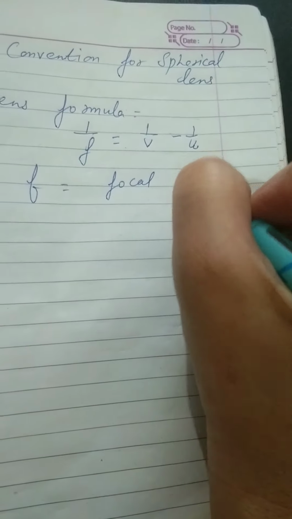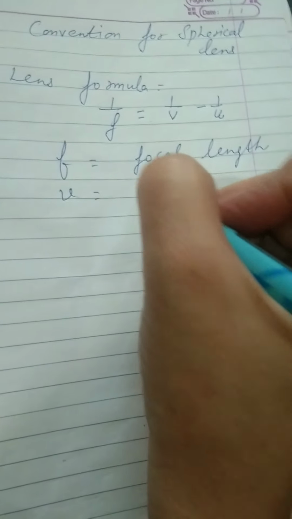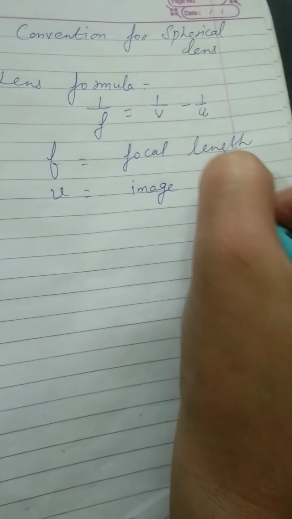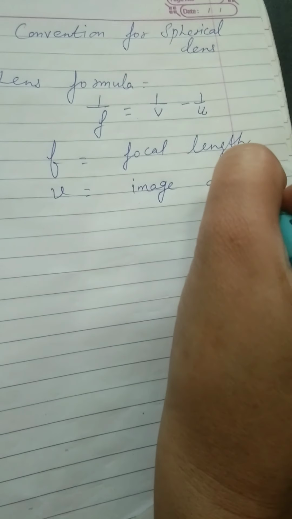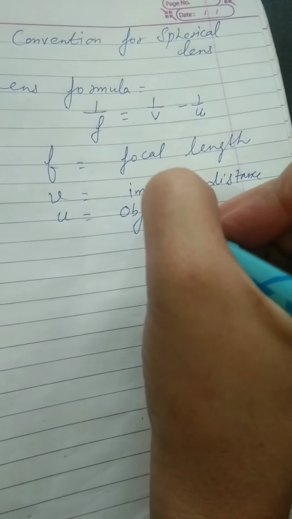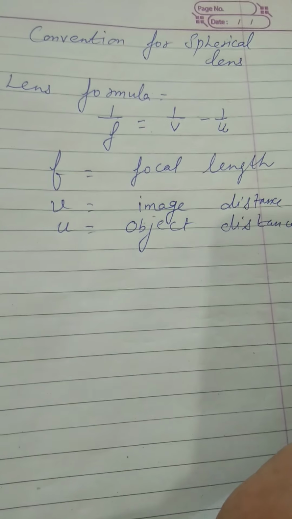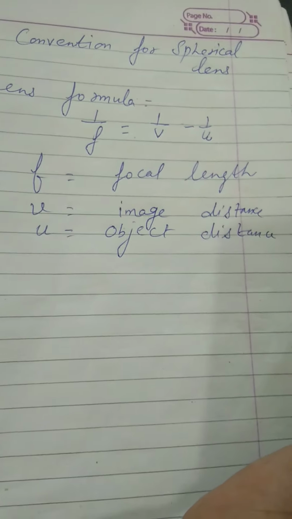What is v, what is u, and what is f here? f is the focal length, v is the image distance, and u is the object distance. We have to calculate these distances from the lens.